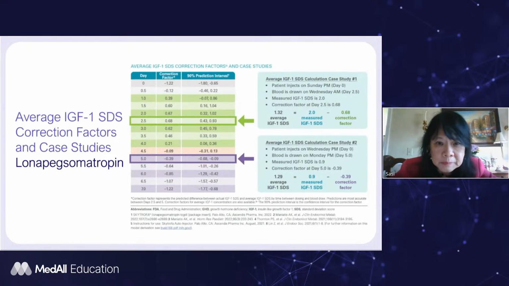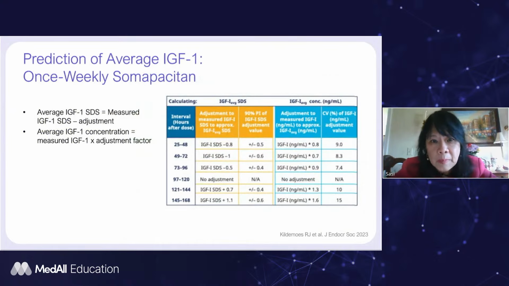And for somapacitan, this one also has a different correction factor that you can use for adjustment. And it's only presented as SDS, the standard deviation number. So you subtract the factor to get the IGF-1 SDS.